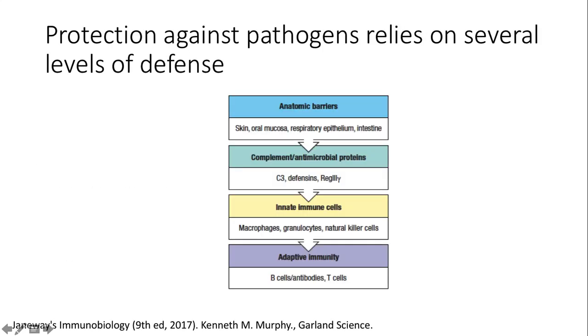So protection against pathogens relies on several levels of defense. The first line of defense against invasion by potential pathogens and commensal microorganisms is the thin layer of epithelium that covers all these surfaces. However, the epithelium can be breached relatively easily, so its barrier function needs to be supplemented by defenses provided by cells and molecules of the mucosal immune system.